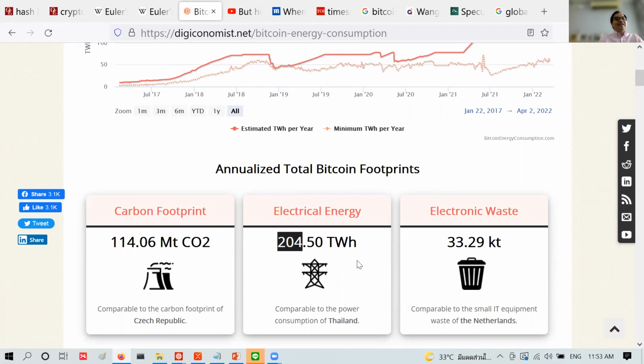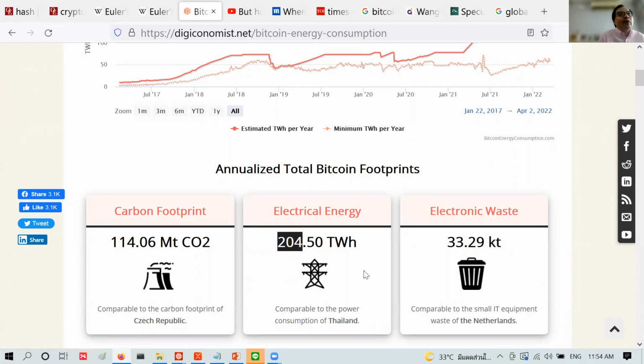Same thing with electron energy, right? If it's 200, it's almost like Thailand. But if this is a high estimate, maybe the lower estimate is like half of Thailand, just for Bitcoin mining. By the way, Bitcoin mining is not doing anything. It's just creating speculative goods, like producing Nike Air Jordans or second-hand Rolexes.